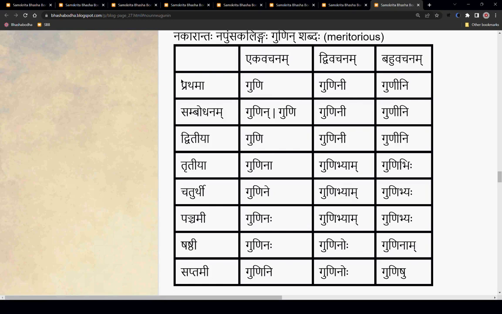Only Prathama, Dvitiya and Sambodhana are different. Sambodhana is a subset of Prathama. Prathama, Dvitiya, Sambodhana are different from the Pullinga, but from Tritiya onwards, the Pullinga and Napumsakalinga forms are the same.